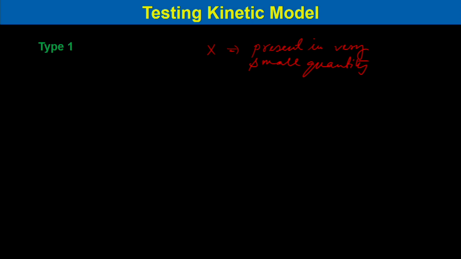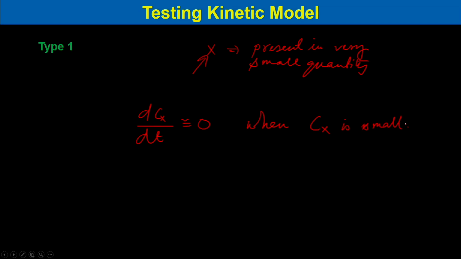So, the rate of change of concentration of this particular intermediate can be taken as 0. That means dCx/dt would be equal to 0 when the concentration of X is small, and this is called the steady state approximation.